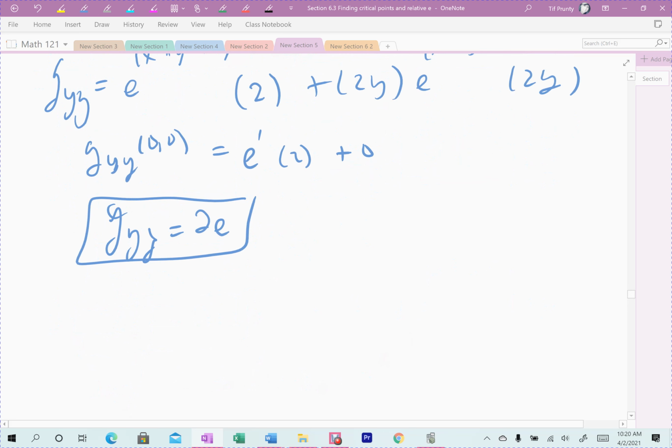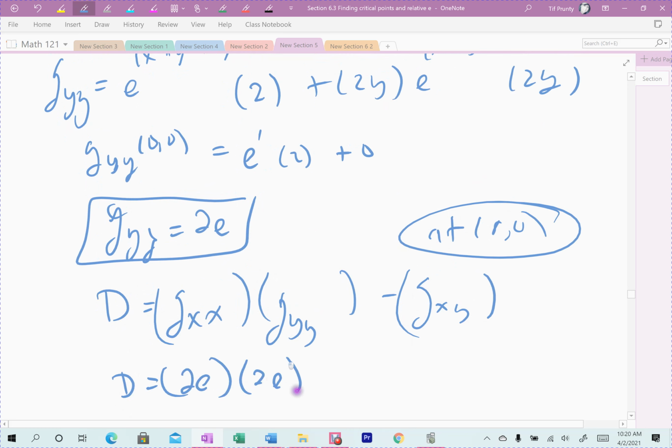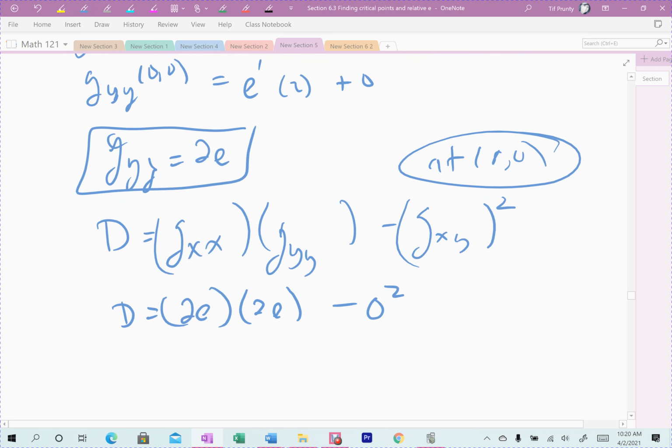And so when I plug it into my d expression, g sub xx times g sub yy minus g sub xy at 0, 0, I've already plugged the 0, 0 in. This is 2e, this is 2e, this is 0 squared. Well, a positive 2e times another positive 2e is going to stay positive, and so that tells me d comes out positive. And g sub xx comes out 2e, which is positive.